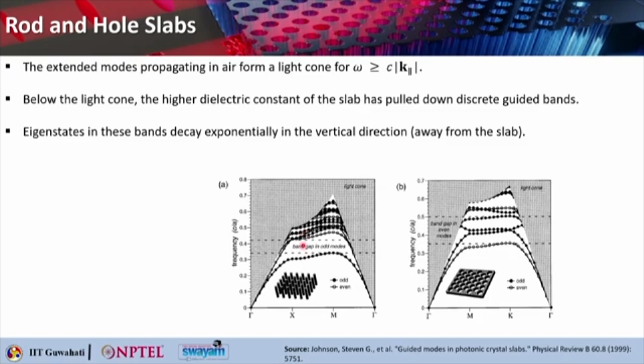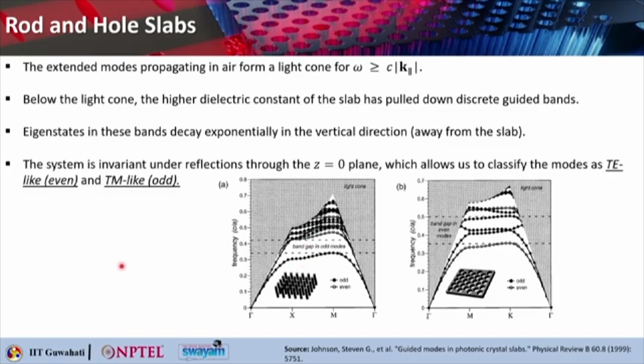So eigenstates in these bands will decay exponentially in the vertical direction, that is, away from the slab, and you will see how the modes decay in actual simulation, which we will discuss towards the end of this lecture.